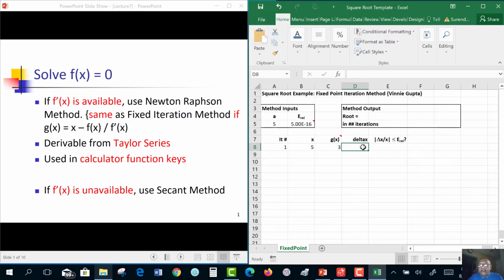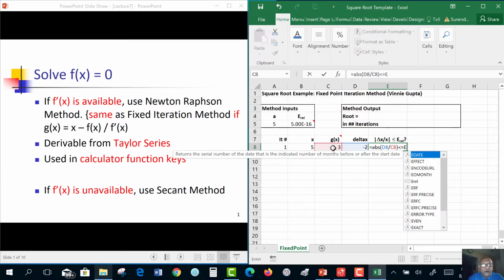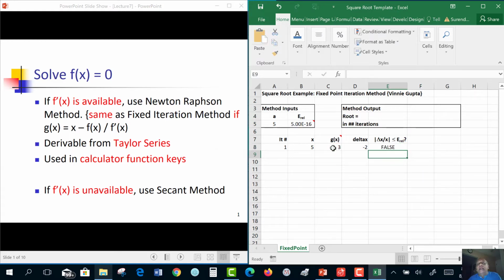So our delta x is x new minus x, and the relative criteria, delta x divided by x new, we want to be less than or equal to E REL, and we have not converged.